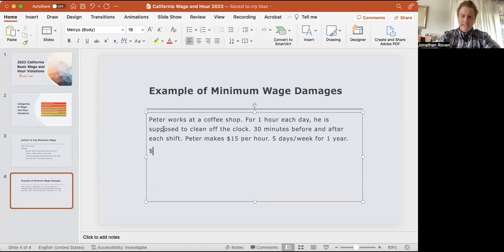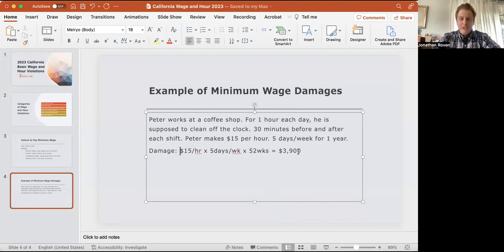So this is how you calculate it: $15 per hour times 5 days per week times 52 weeks. You would just calculate that out pretty quick. That would be $3,900. So that's the first damage.